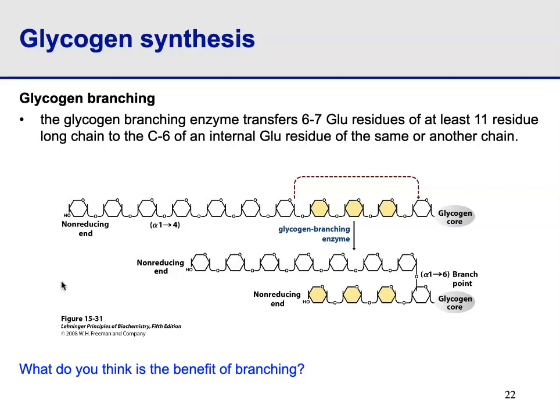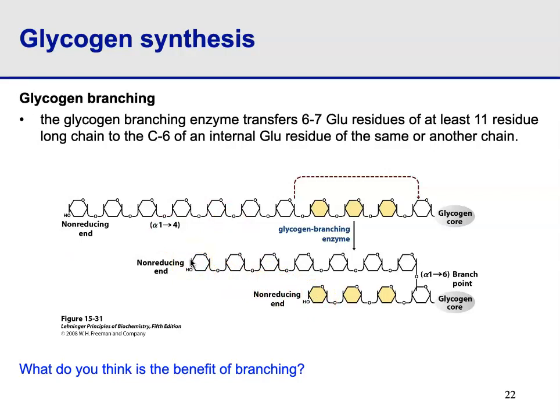Well, obviously, I don't know the real reasons for that, but I can tell you how branching benefits synthesis and degradation. Remember, each one of those branches ends with a non-reducing end.